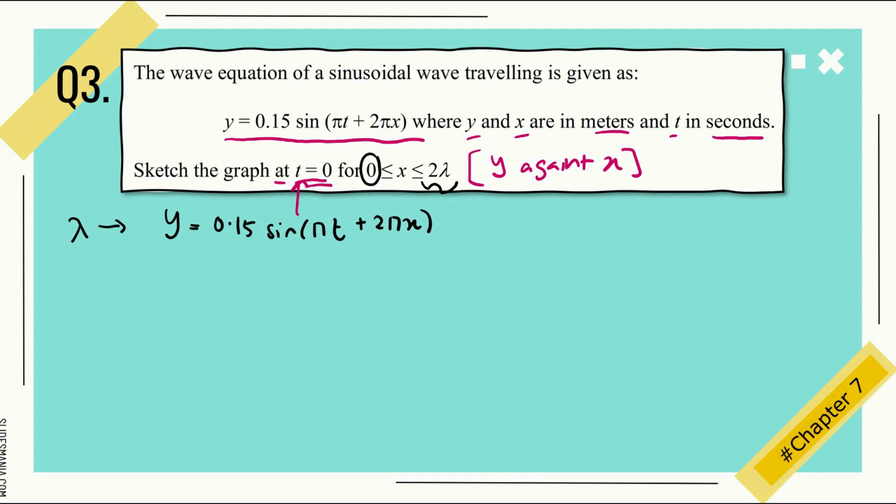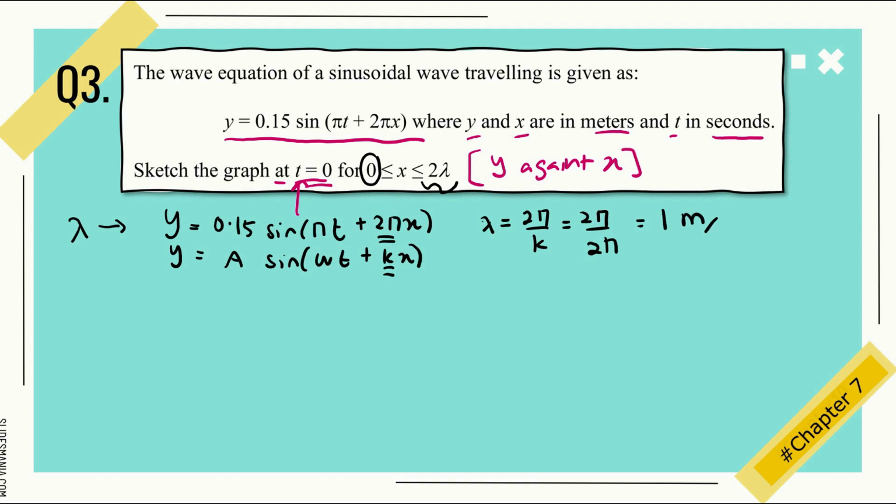We compare with the general equation, A sine (omega t plus ks). From the value of k, that is equal to 2 pi, we can get lambda, which is 2 pi over k. So 2 pi over 2 pi, and then lambda is equal to 1 meter.